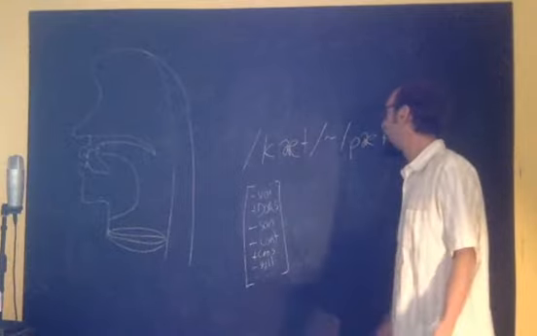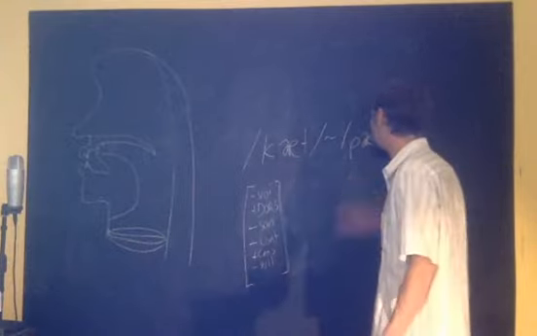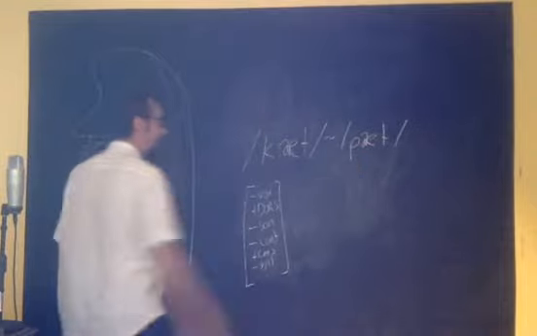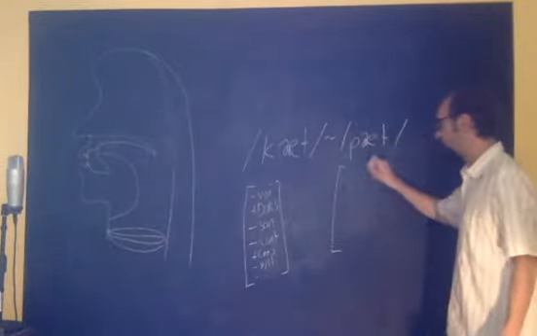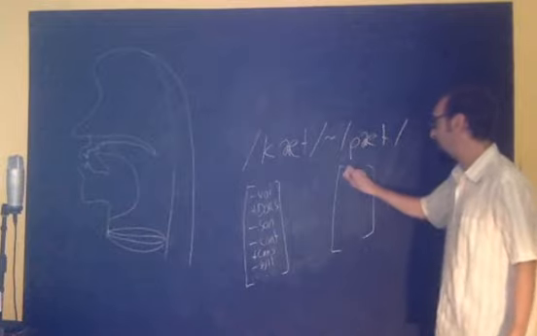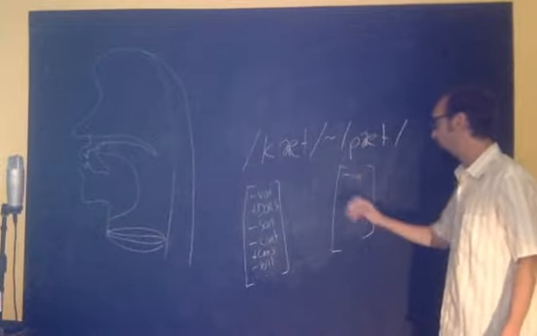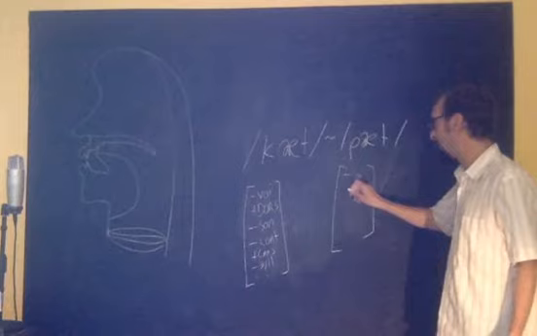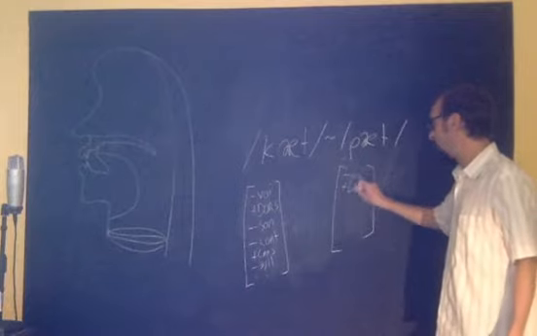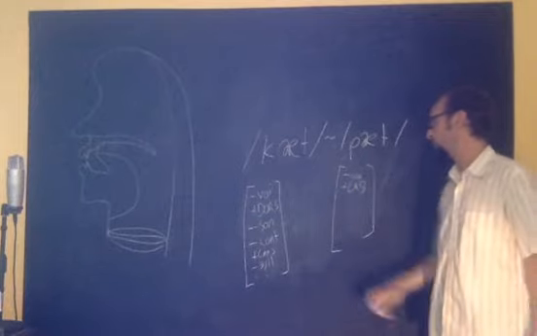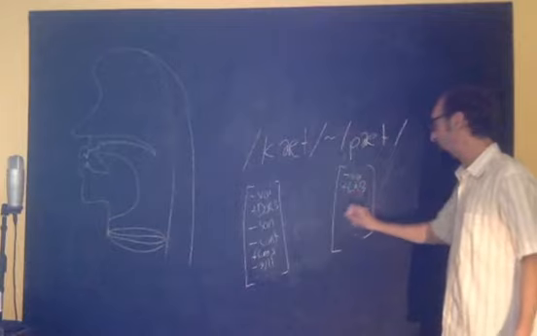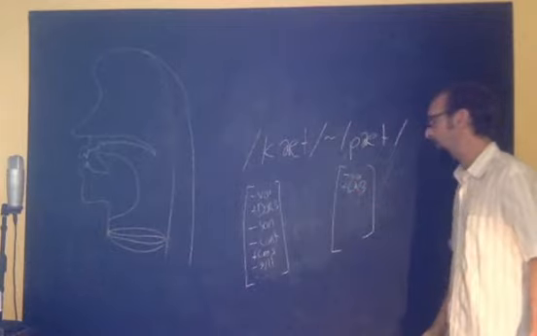So if we want to explain why this can contrast with pat, well, this is also going to be a matrix of features. It's going to be very similar to the other sound, but one thing's going to be different. It's going to be labial, not dorsal, and everything else is pretty much going to be the same.